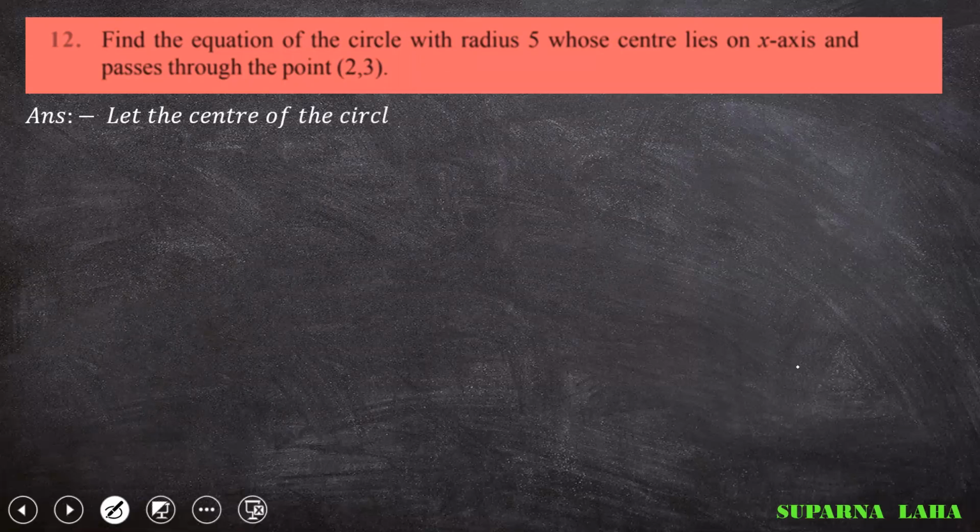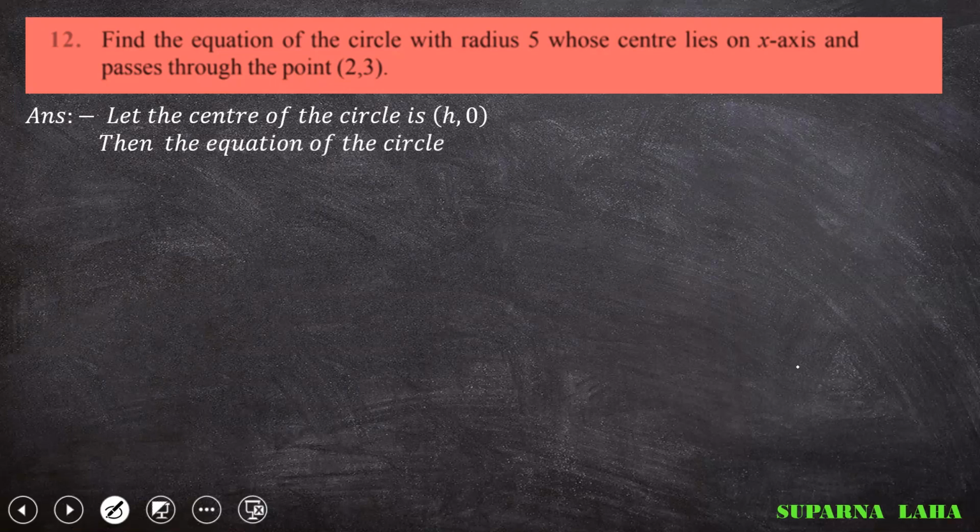Now, if the center of the circle is on the x-axis, we will take any random point on the x-axis, that is (h, 0), and we can find the equation of the circle. So (x minus h) whole square plus y square is equal to the radius square, that is 5 square, that is 25.